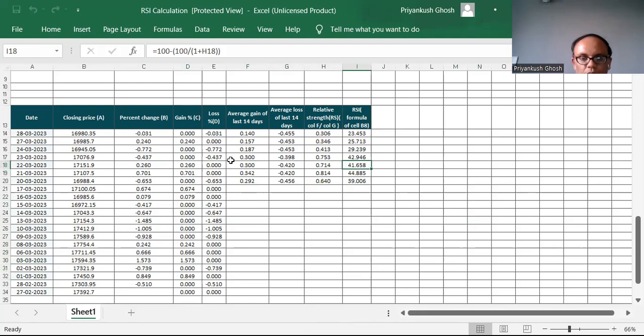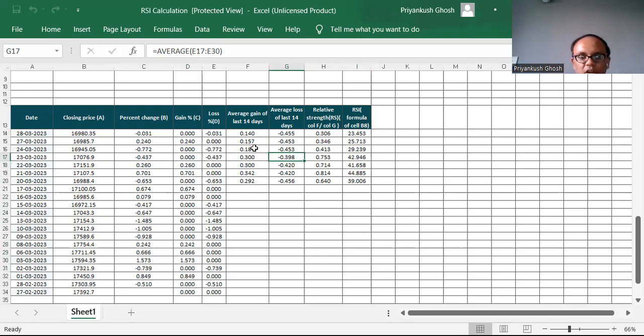Okay. Similarly, here 0.42. So now here what happened next day? Next day my market was negative, 0.39, minus 0.398. RSI more or less same. Okay, 29 point. Then what happened? Here minus 0.772. The market fell down by this much percent.